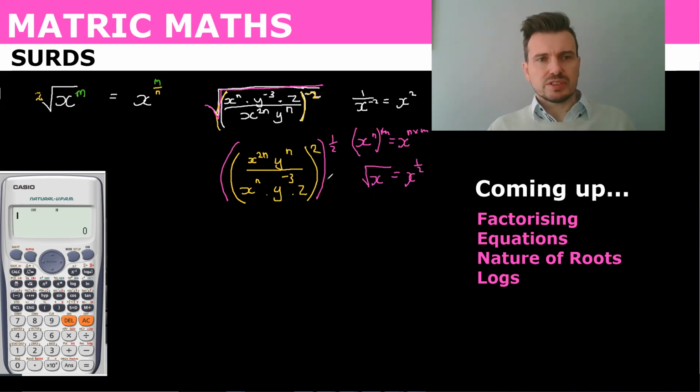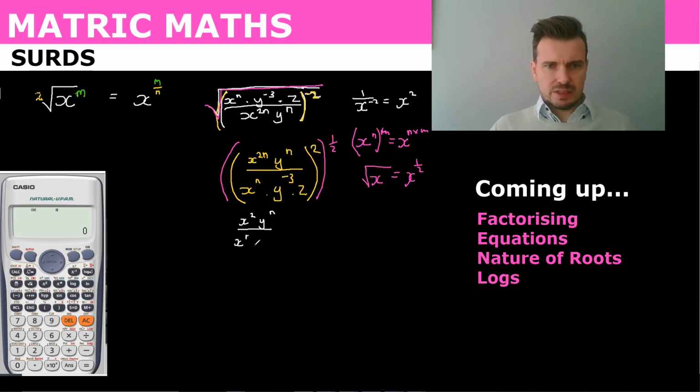If you didn't see that, just check out the lesson on exponents. Now in the middle the 2 and the half cancel. And so what I'm left with is just what was originally there: x to the 2 and y to the n over x to the n, y to the minus 3, z.